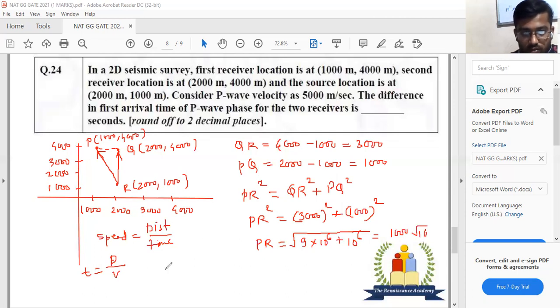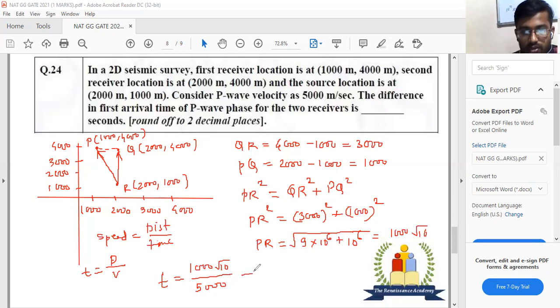One is RQ and the other is RP. Time is equal to distance upon velocity. Velocity is given as 5000 meter per second, and the distance we just calculated is 1000 root 10, divided by 5000 meter per second. Meter gets cancelled, so you will get time in seconds.